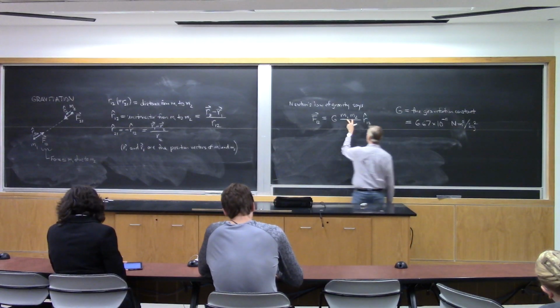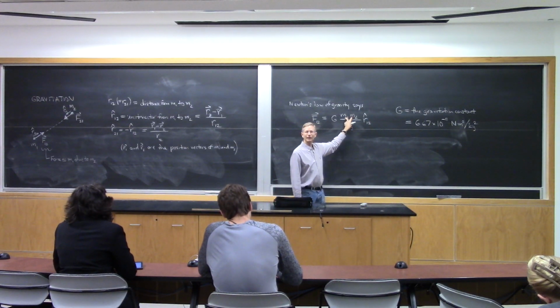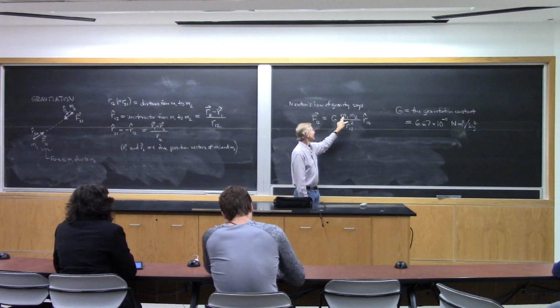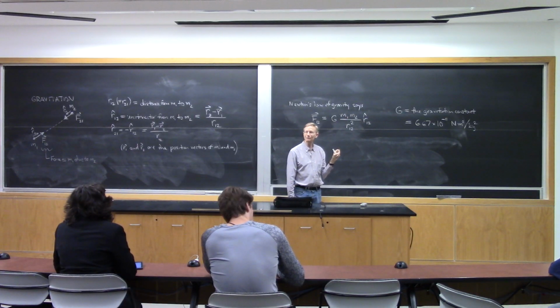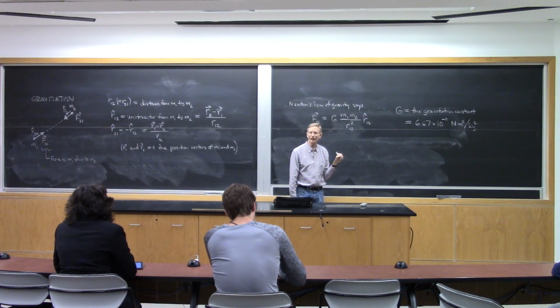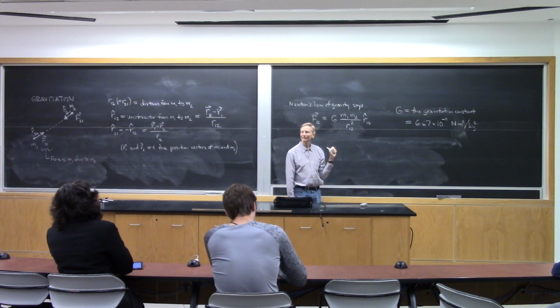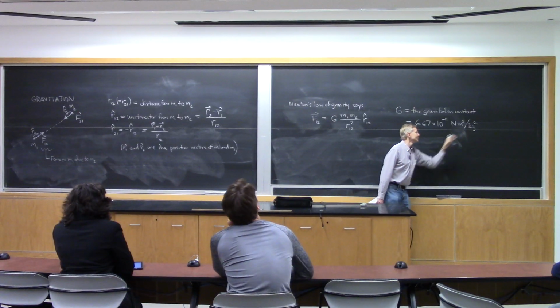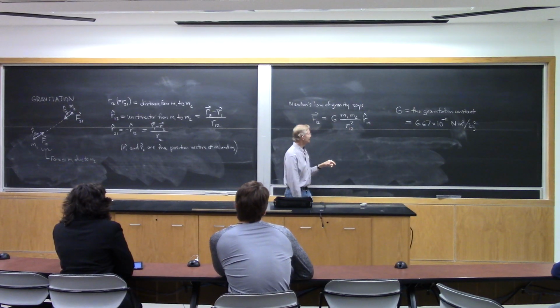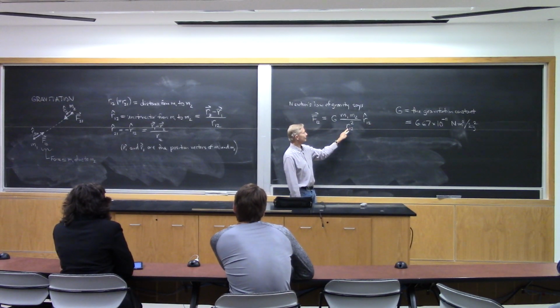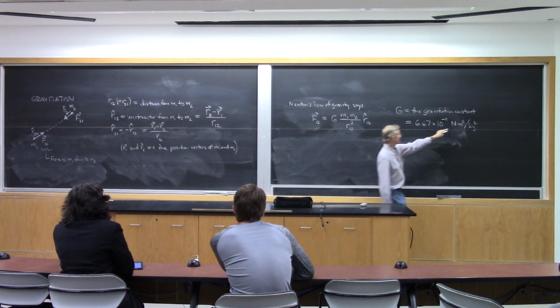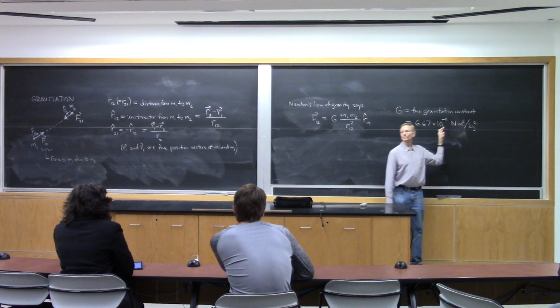Because M1, M2 in SI units would be expressed in kilograms, so M1 M2 is kilograms squared. So G better cancel those units. And then R12 squared is meter squared in the denominator. These meter squareds cancel, leaving just newtons, which is the force.